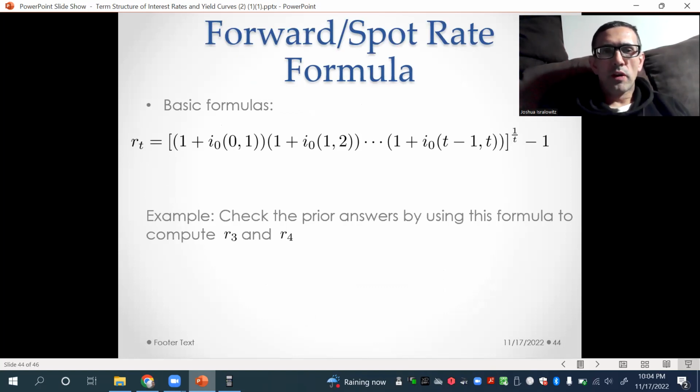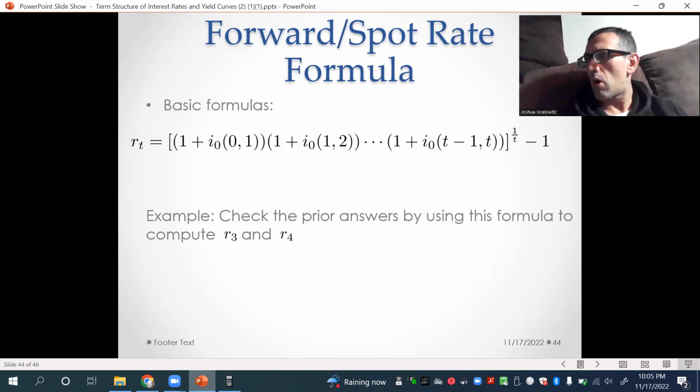Okay, all right, so let's check our prior answers using this formula to compute R3 and R4.